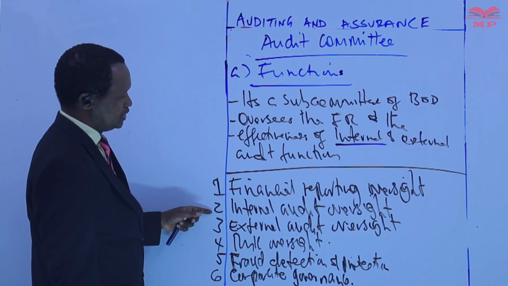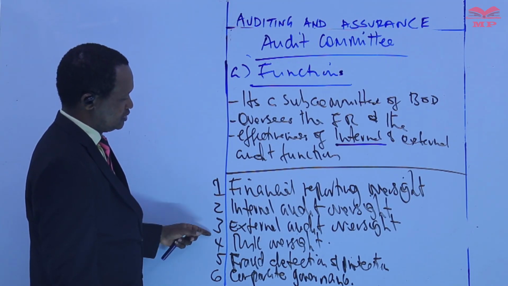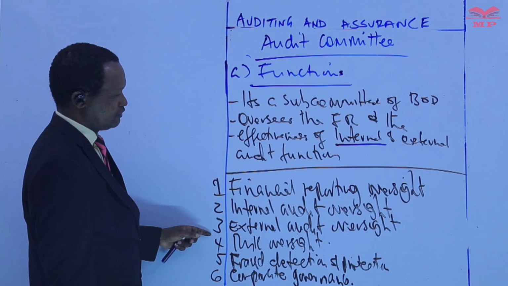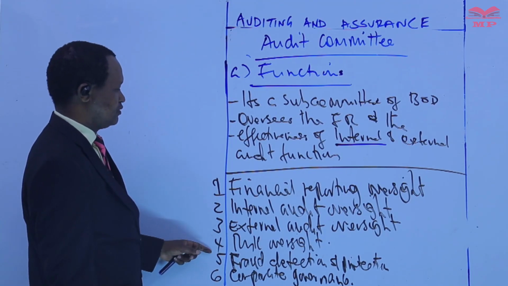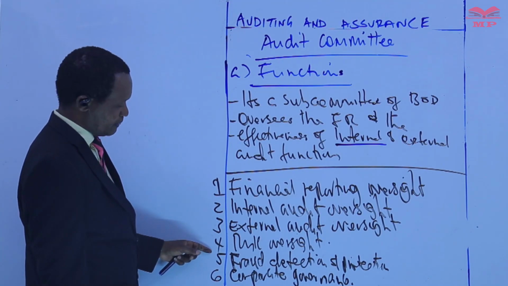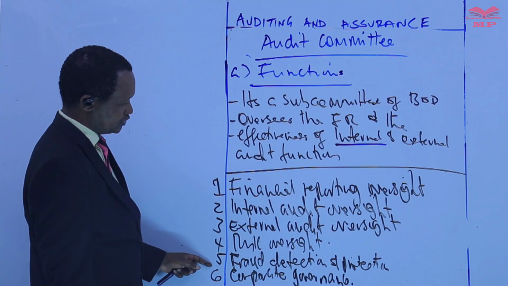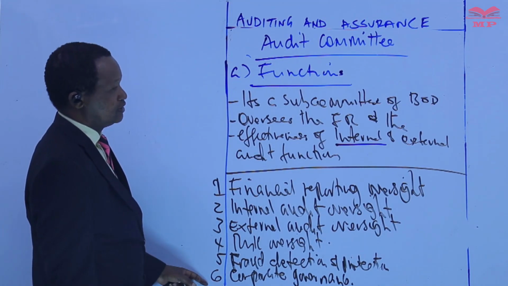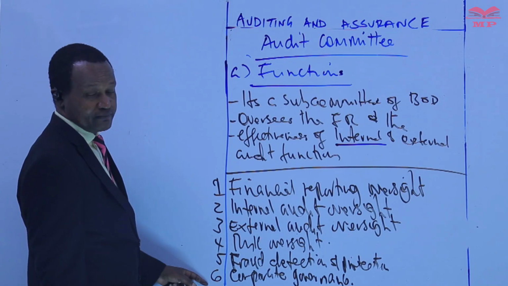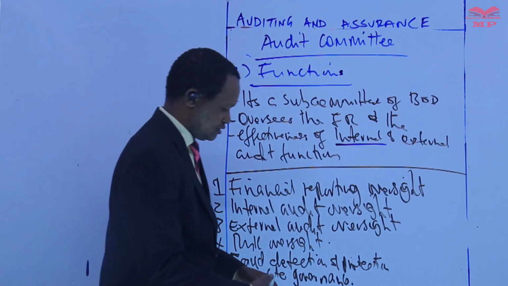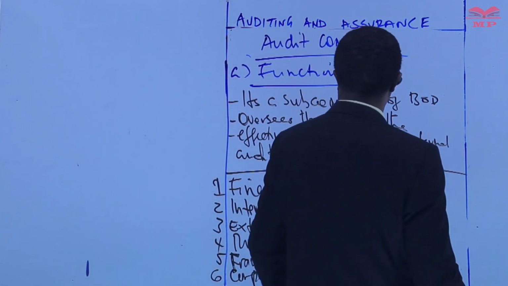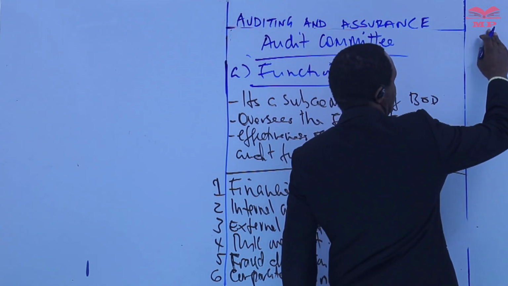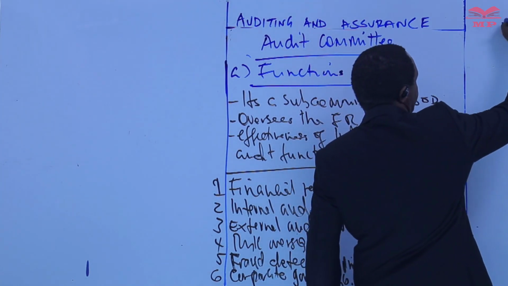Number 2, internal audit oversight. Number 3, external audit oversight. Number 4, risk oversight. Number 5, fraud detection and protection. Number 6, corporate governance.